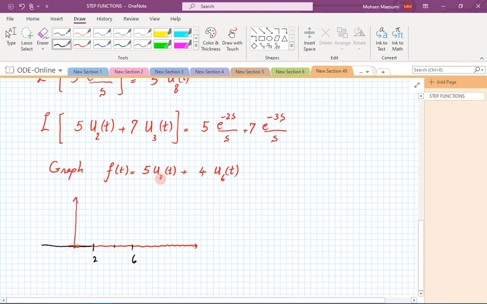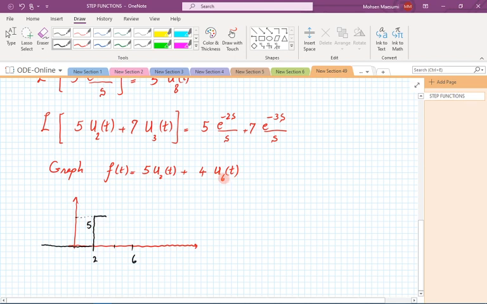At 2 seconds, u sub 2 of t becomes 1. When you multiply it by 5, well, that means you're going up to, say, voltage 5, or whatever 5 means for you. For a while it's going to go on like that. That is still not effective because its critical time has not arrived. That's still at the 0 stage.